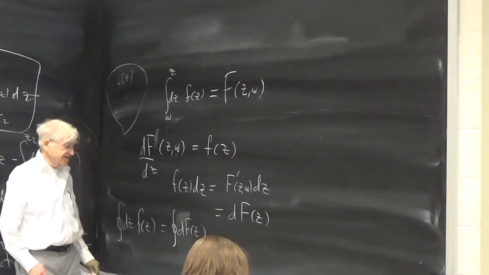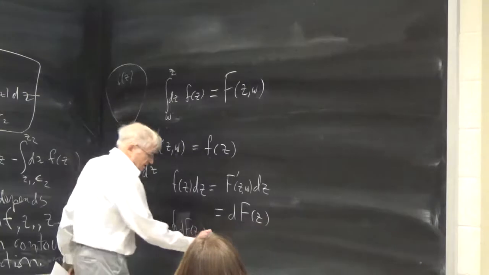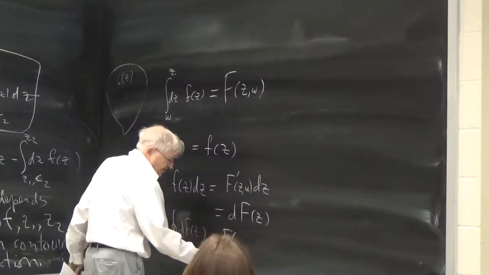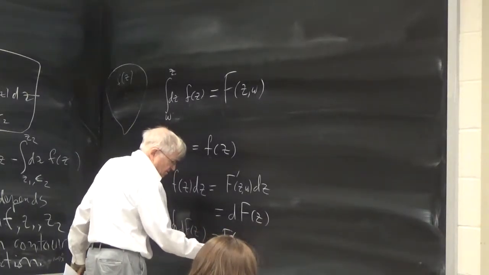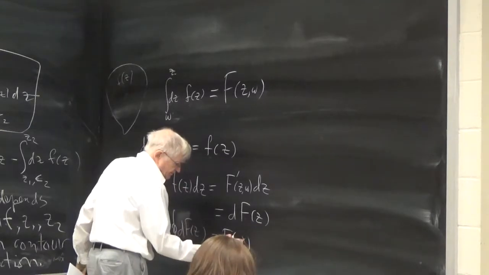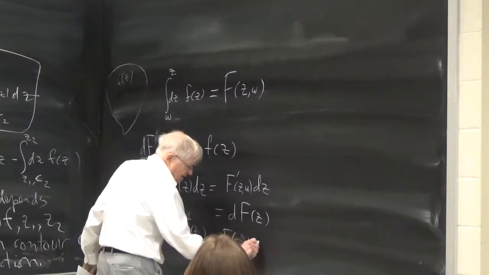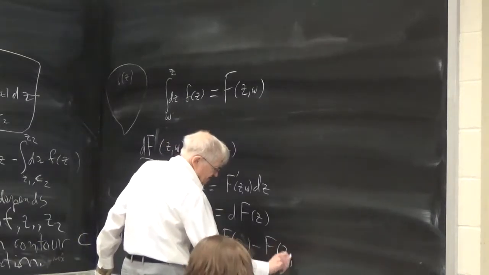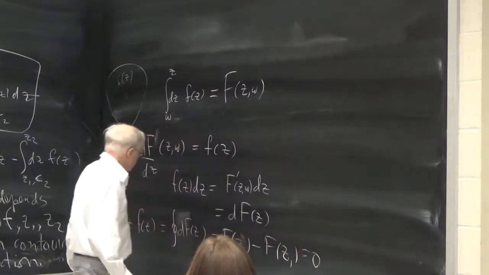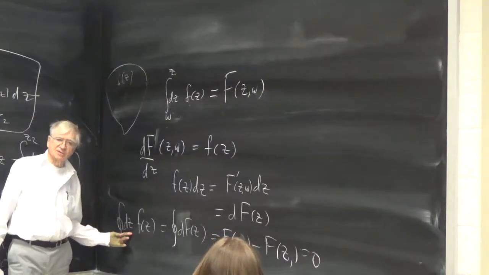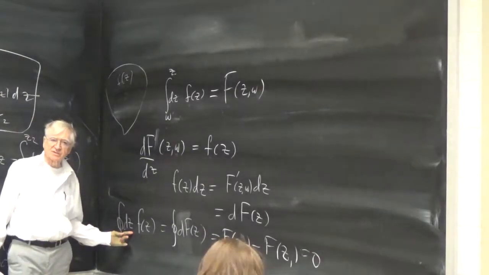But dF of z on a closed contour is just F of some point on the contour, z star, or z1, minus F of z1, which is 0. So this is another way of seeing that the integral of f of z around a closed contour is 0.